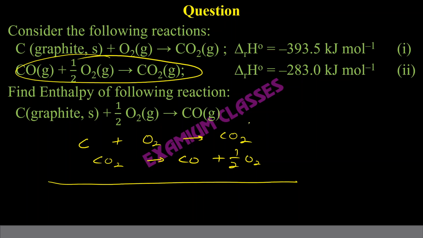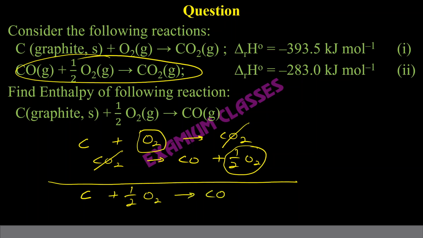CO2 on the right hand side and CO2 on the left hand side will get cancelled. So you have carbon only here. Oxygen on the left hand side you have 1, and on the right hand side you have half. It means 1 minus half will be half O2. And now on the right hand side you have only CO. So you actually get the required equation if you add these two.